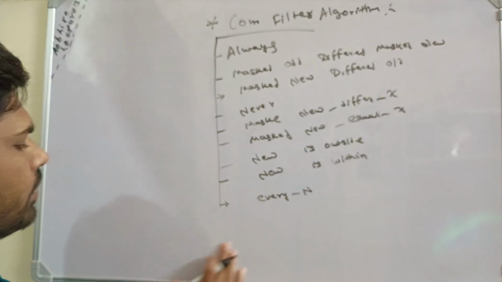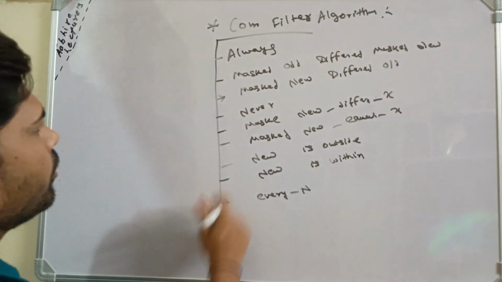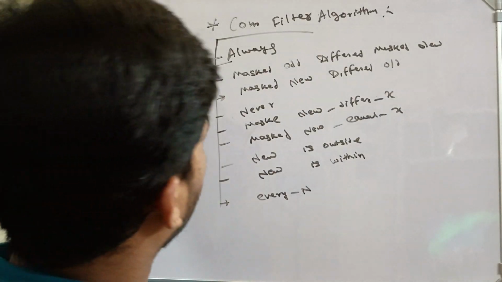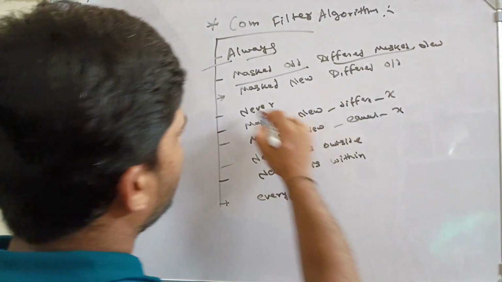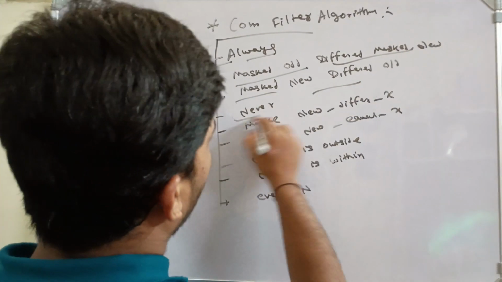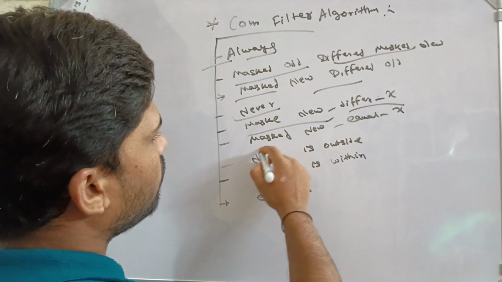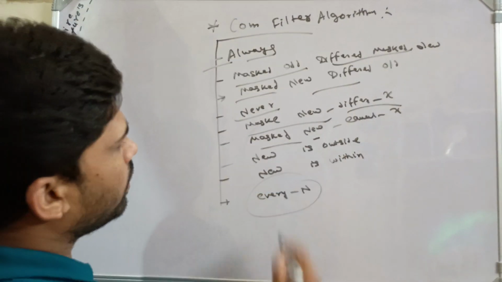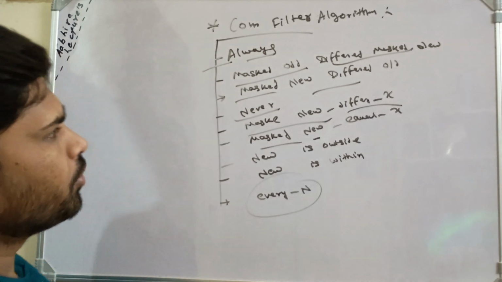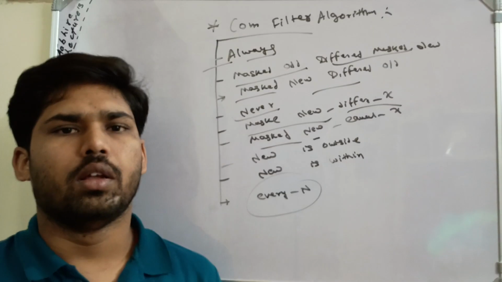So this is the transfer reference we are giving in the com signal. Based on the requirement, as I said for signal configuration, we have to select always, mask new differ mask old, mask new differ old, never, mask new differ x, mask new equal x, new is outside, new is within, and everything. So these are the parameters which we have to configure based on the requirements.